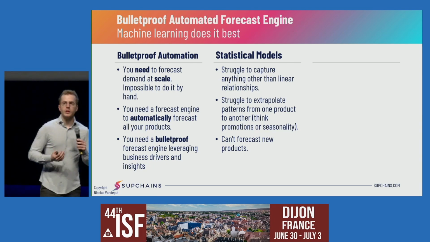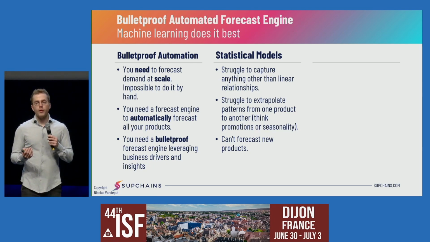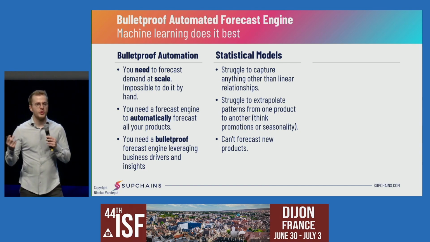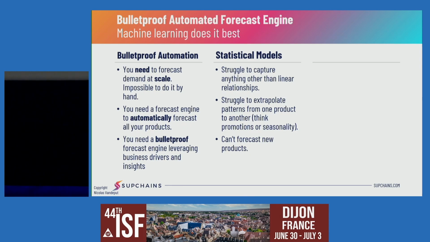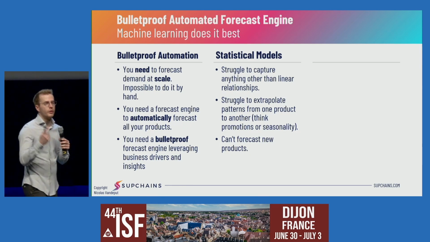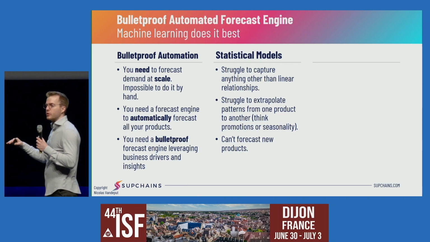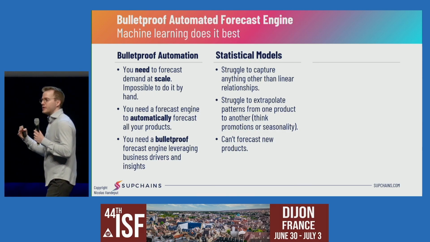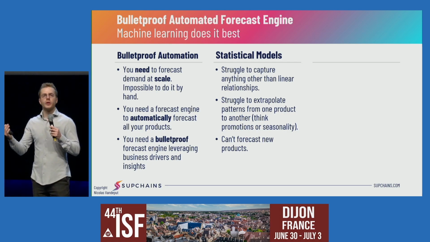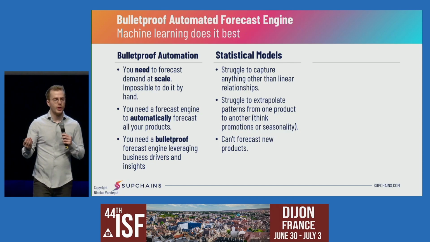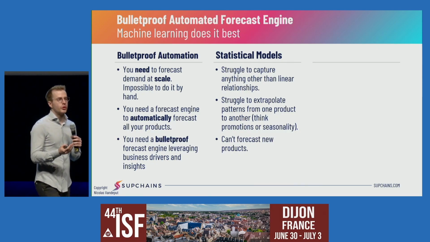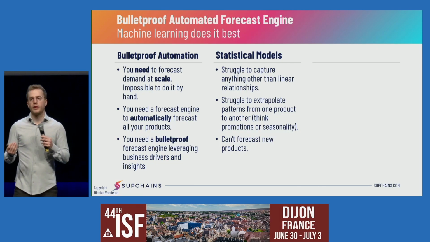So for example, it means that if you launched a product a year and a half ago, you just have one observation regarding Black Friday, one observation regarding Christmas and so on. So it's very difficult to do any statistics out of one observation. Now, if you use machine learning, it's going to look at all your products. So machine learning might have seen 10,000, 20,000, 100,000 times Black Friday and Christmas, and might understand from there what's the impact of such a promotion on a new product where we never had Black Friday before.